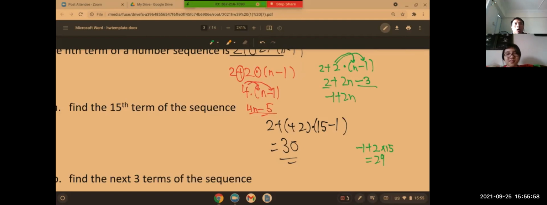It's wrong. I asked you, your above one is 2 plus bracket plus 2 times bracket 15 minus 1, right? Then what you need to do next is redo the whole thing.